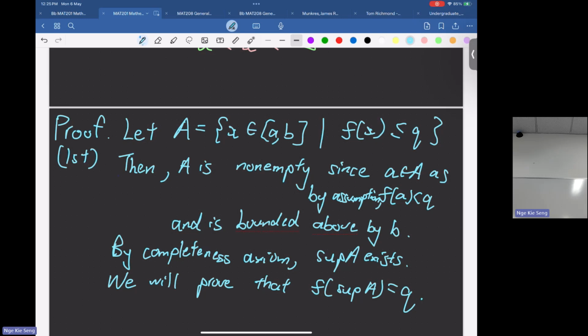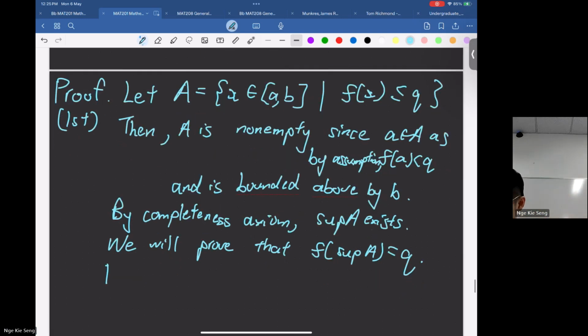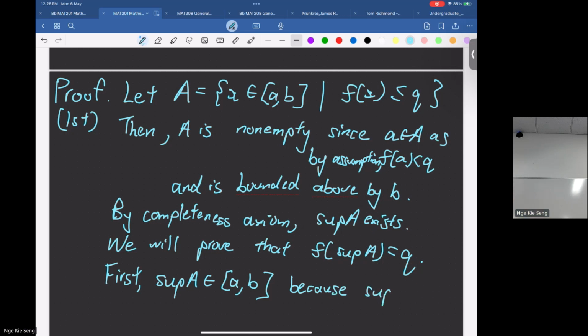Okay, so first, sup A is in the interval [a, b], because sup A must be less than or equal to b. Because it's the least upper bound, it must be less than or equal to every other upper bound, in particular b.